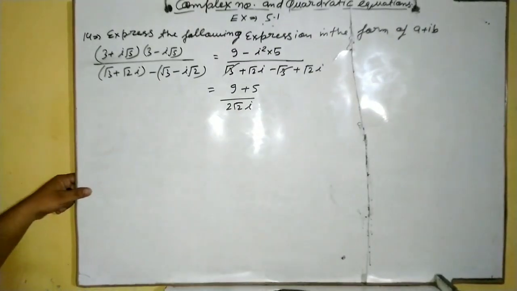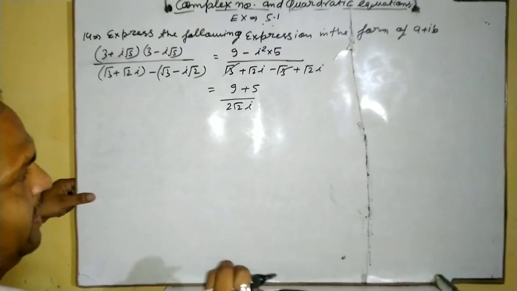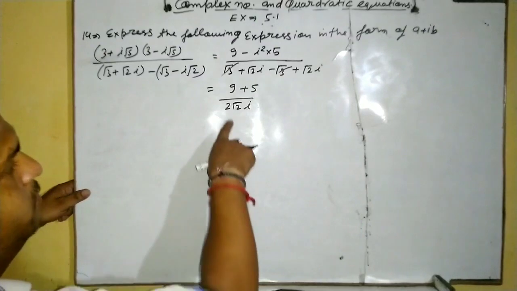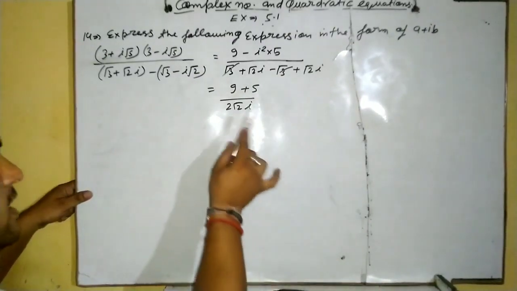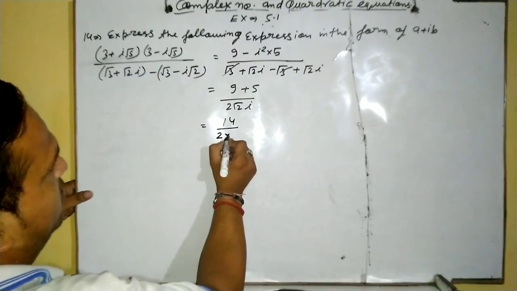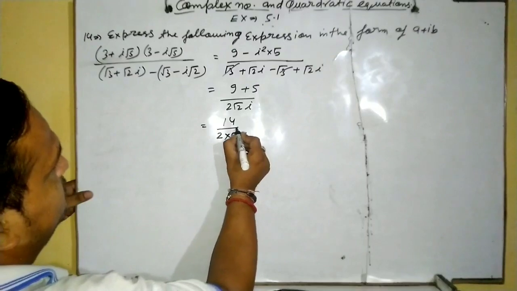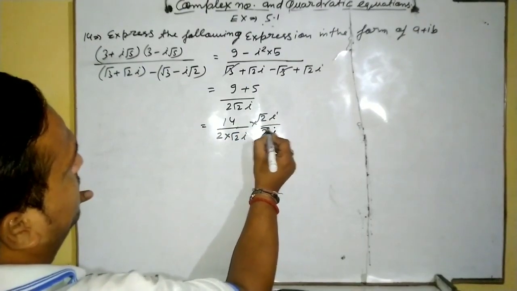You have to do both realization and rationalization. For the rationalization you have to just multiply by root 2, and for the realization you have to multiply by i. So this will be 14/(2√2 i) into √2 i/√2 i.